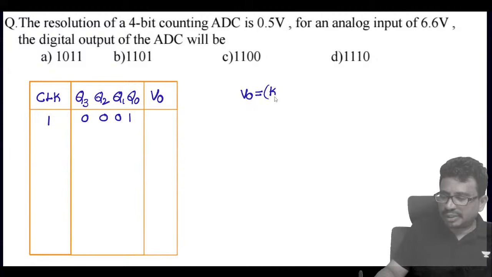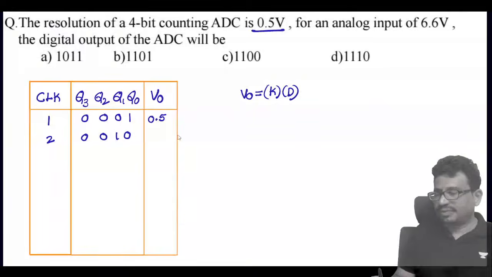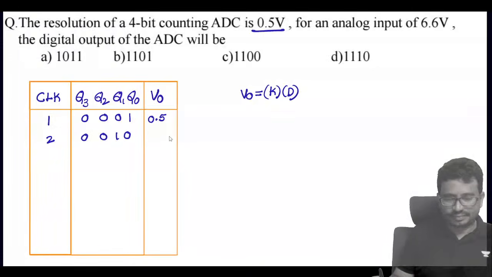Decimal equivalent into resolution. Resolution is how much? 0.5. So if you multiply, 0.5 will come. Second clock, 0, 0, 1, 0. Tell me what I'll get. It will come as 1. Like this, keep on, we will continue.